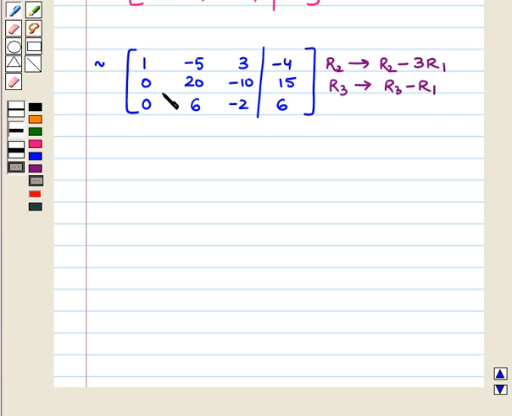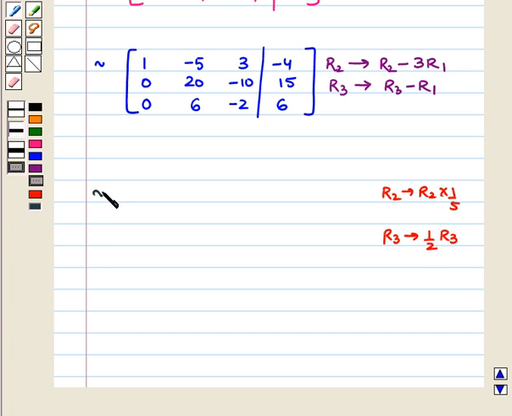We have large terms, so to simplify this we multiply row 2 by 1 by 5, as 5 is common in all the entries of row 2. Also in row 3, 2 is common in all entries, so we multiply row 3 by 1 by 2.